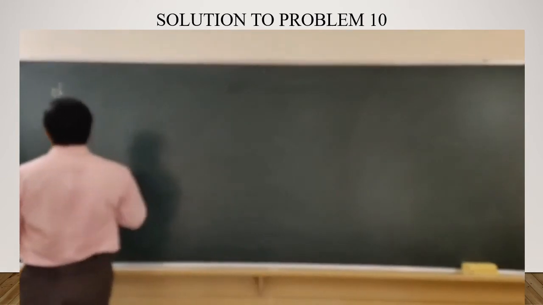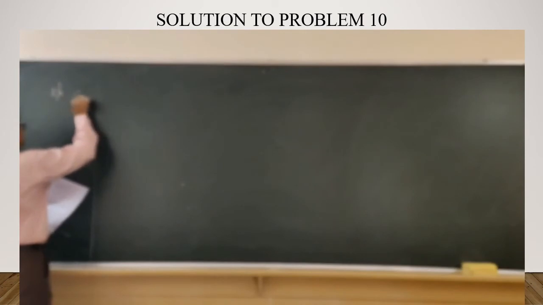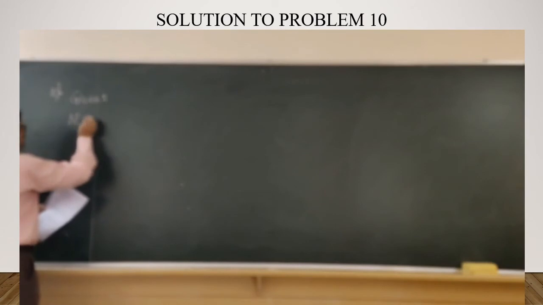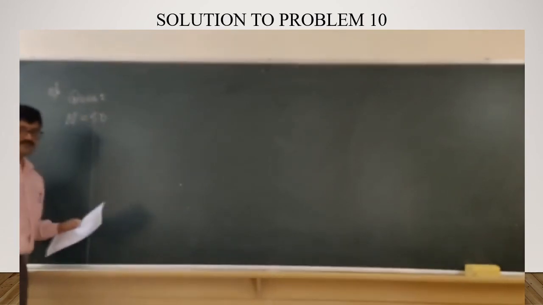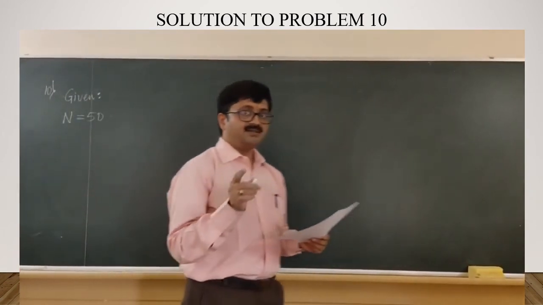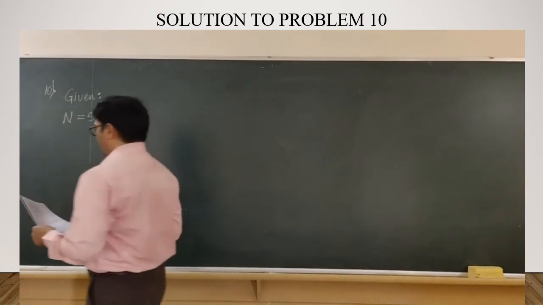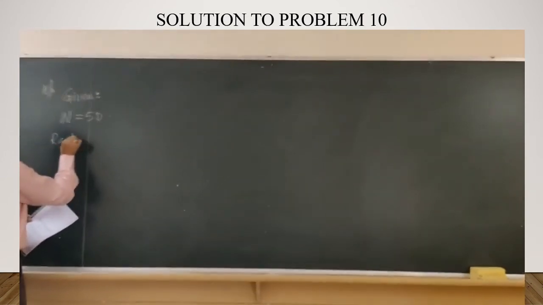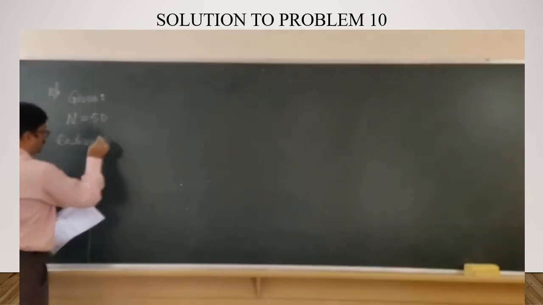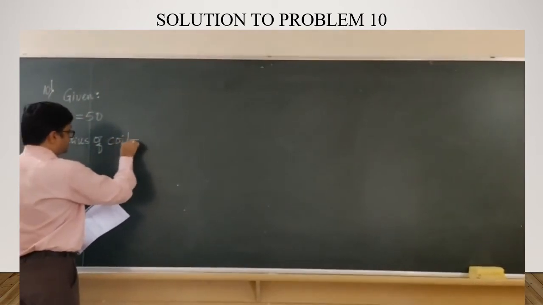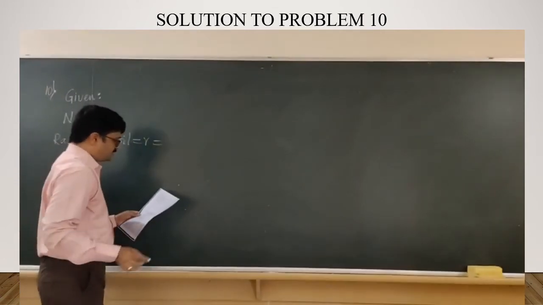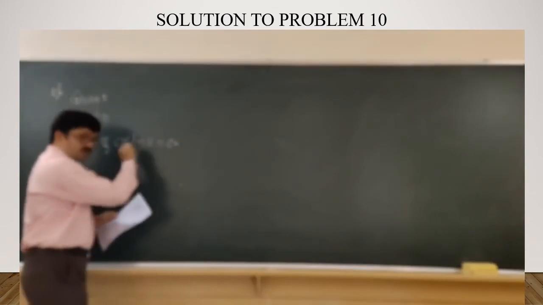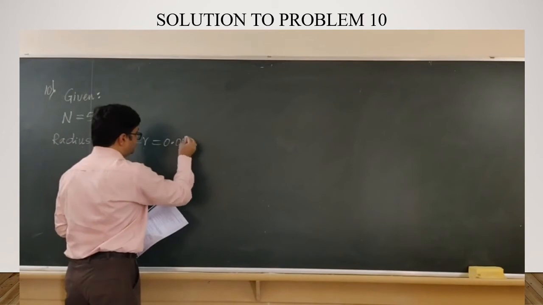Circular coil of 50 turns. So let us write the given first. Number of turns is 50. I take number of turns as capital N. Radius of the coil, I take as small r, which is 0.05 meter.